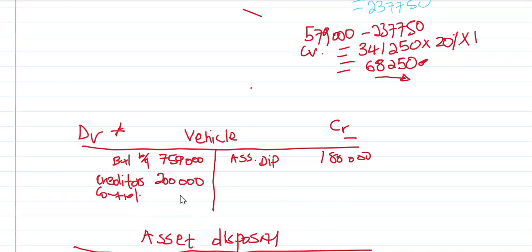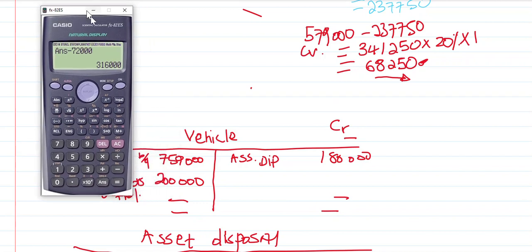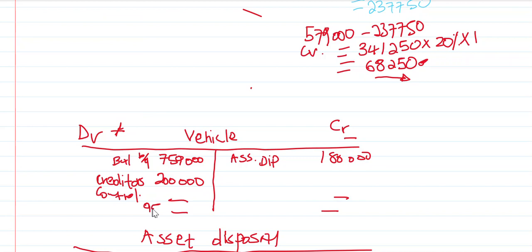Then just total up, you balance our account here. So it's gonna be 759,000 plus 200,000. So we're gonna get 959,000.